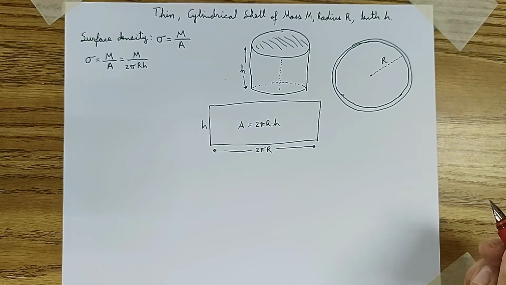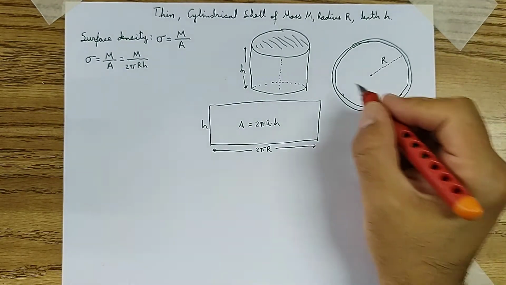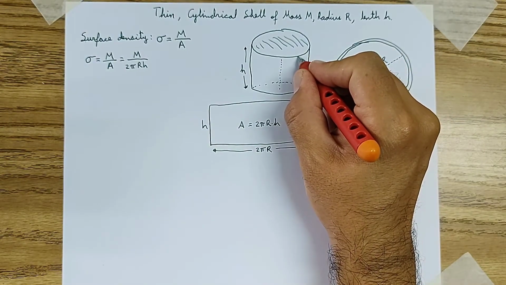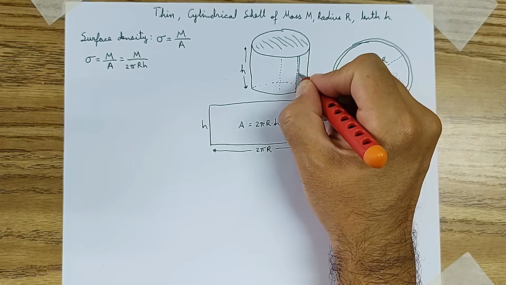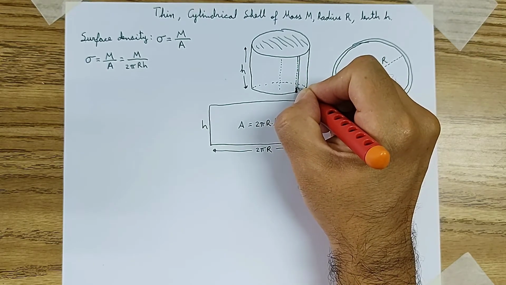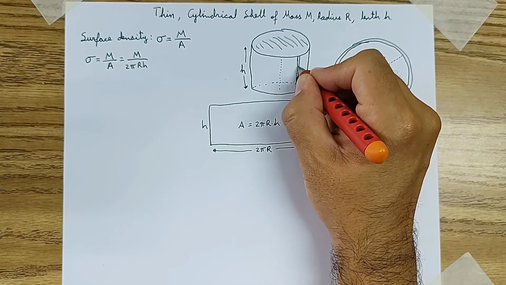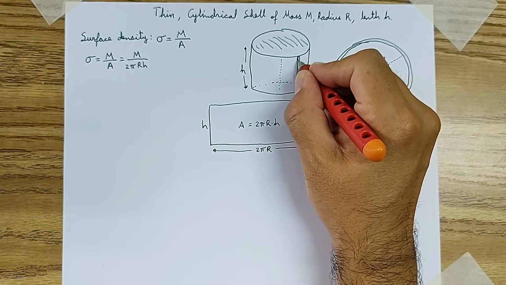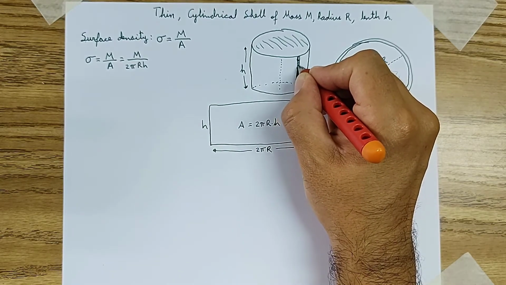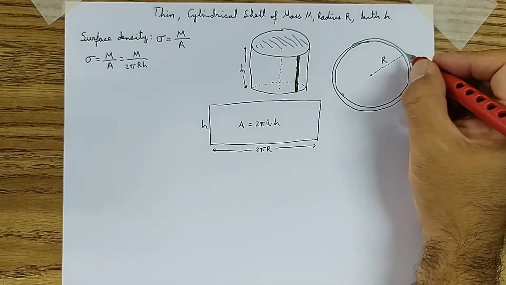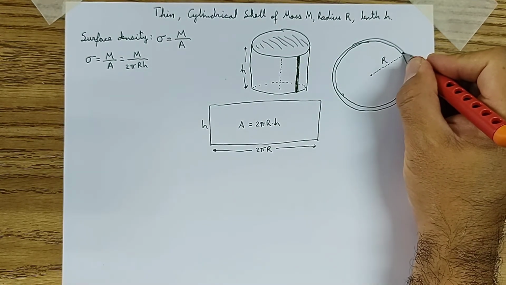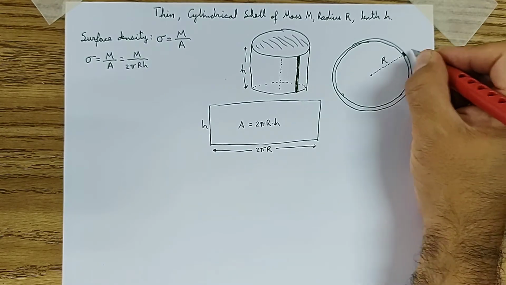On the other hand, we need to consider an infinitesimal element that in this case it is best to think about in terms of a very thin piece of area that covers the whole length of the cylindrical shell. Looking at it from the top, we're talking about a segment like that.